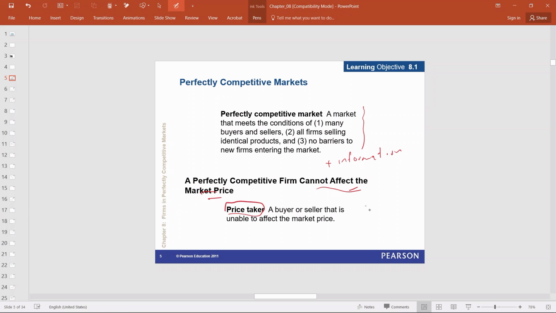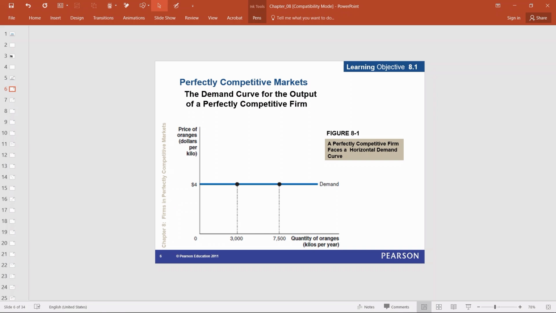Or we can also say that the price is given, so nobody has control on the prices. So for this assumption, for each firm, because the firm is a price taker, whatever price is prevailing in the market, he's going to take it. So he has no control on the prices.